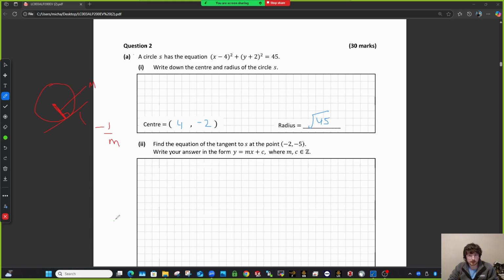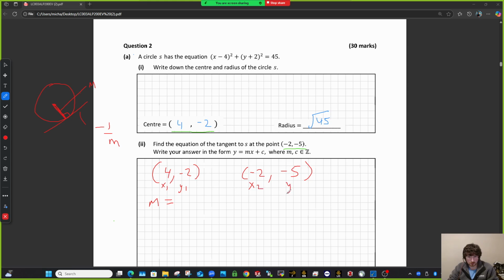So we get the slope of that first line, which is done using the center of the circle and the point on the tangent. So I'll write them in now. 4, minus 2, and minus 2, minus 5. So I'll label them up.